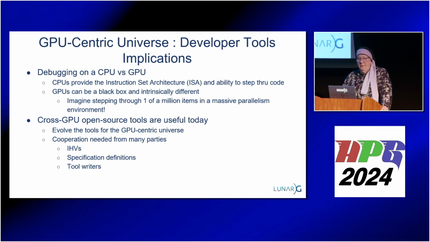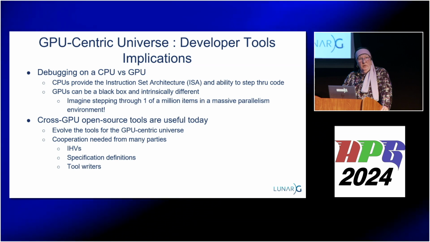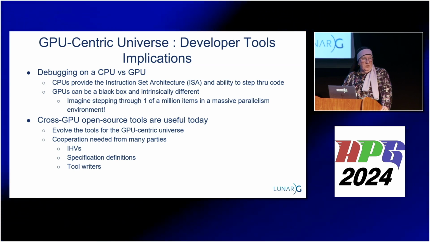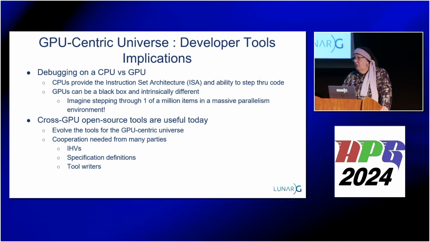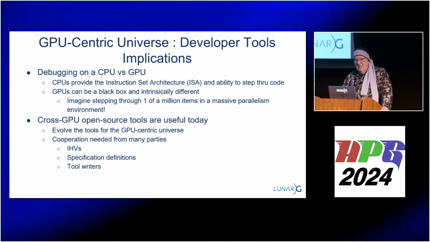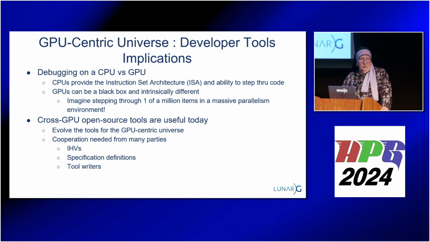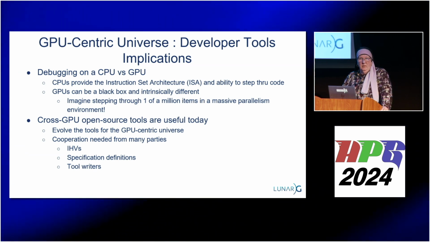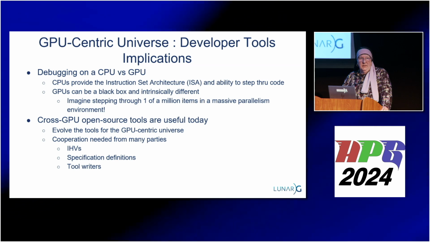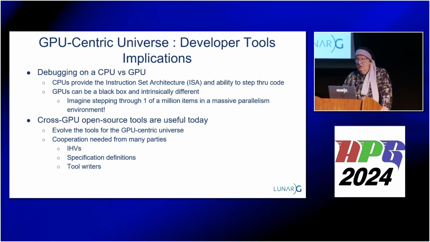So the cross-GPU open source tools that we have today are very useful, but they will need to evolve for this GPU-centric universe. And this evolution will need to come from a cooperation between the specification designers, the IHVs, and the tool developers. Or we could go back to the mode where every IHV does their own error checking again. I don't think that would be a good solution.